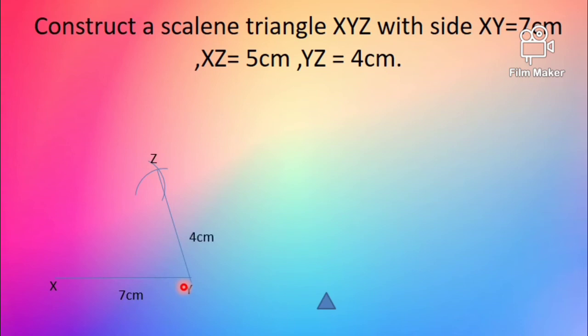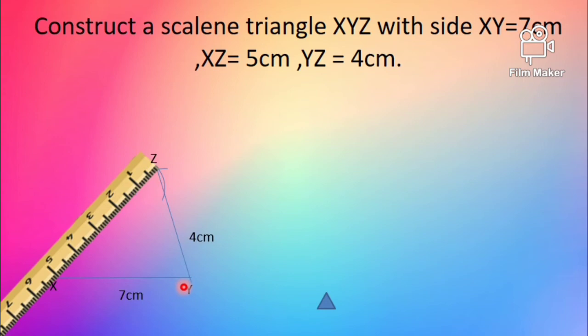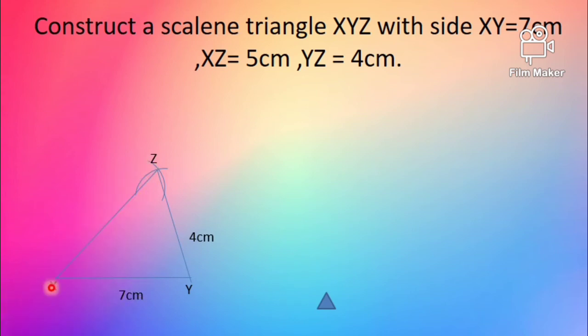Then join X to Z, which is of 5 centimeter. Then this is a scalene triangle with all different sides. You can see the sides of this triangle are 5 centimeter, 4 centimeter, 7 centimeter. It means all sides are different in length. This type of triangle is called a scalene triangle.